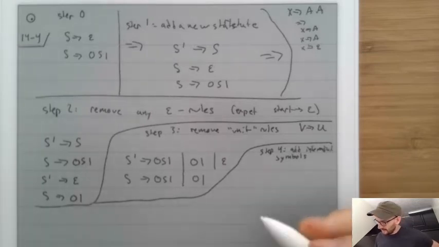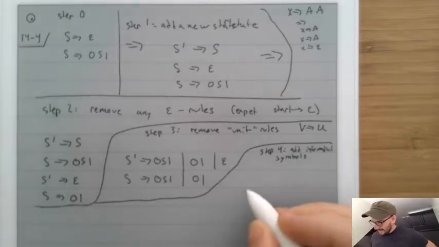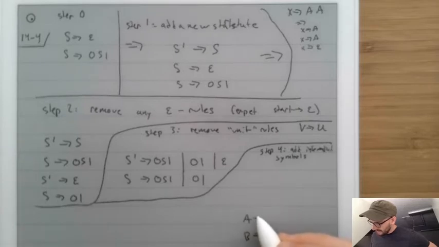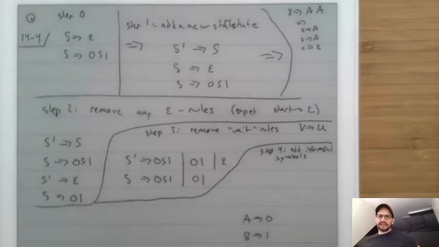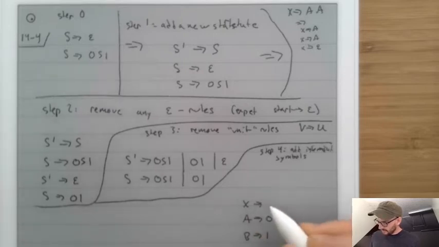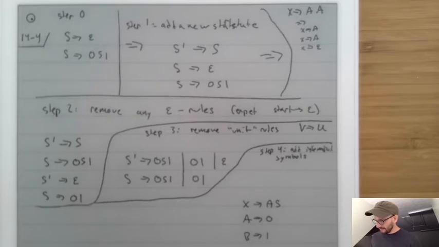So we're going to add a rule that's called B is going to go to 1, and A is going to go to 0. So these are going to stand in for the terminals 0 and 1. Then what we're going to do is we're going to have a rule for X, and X is going to go to A, that's 0, and then S.